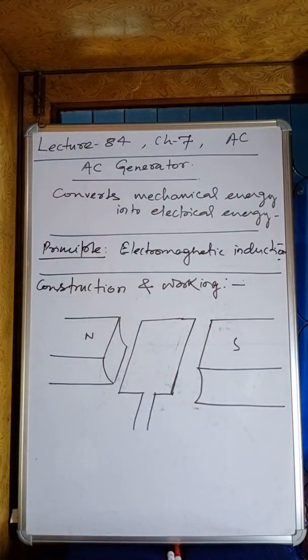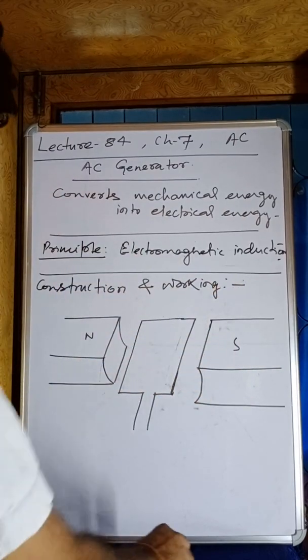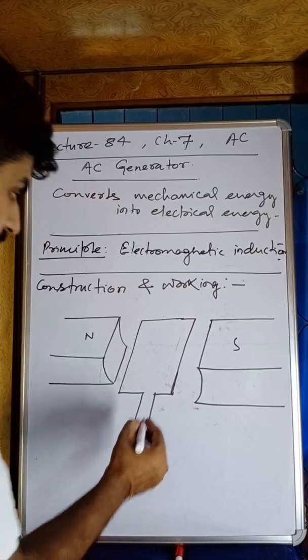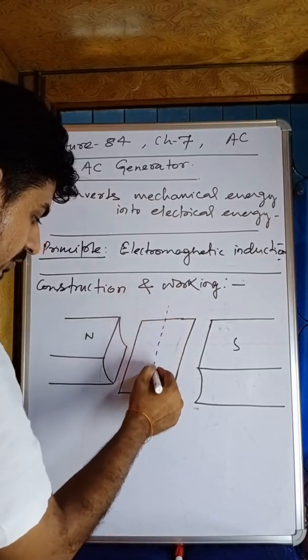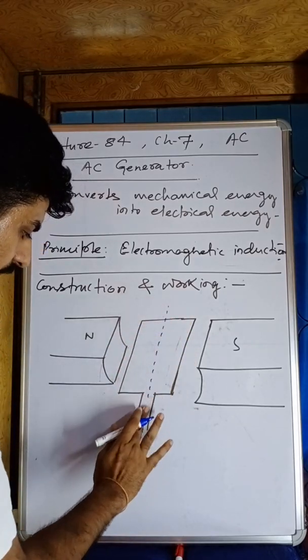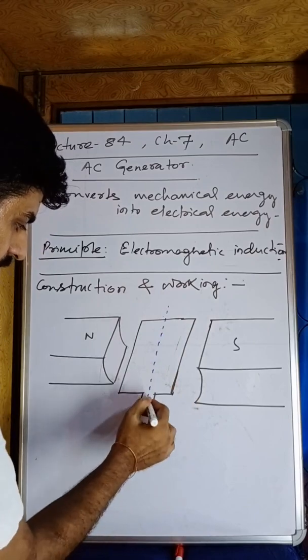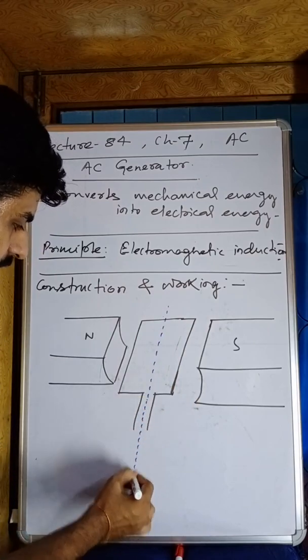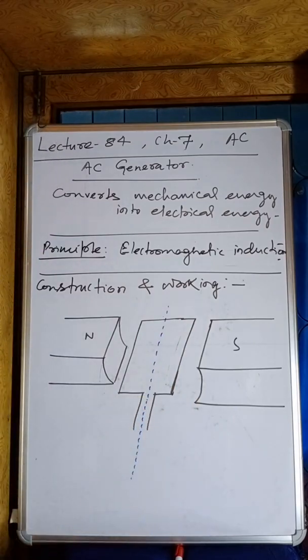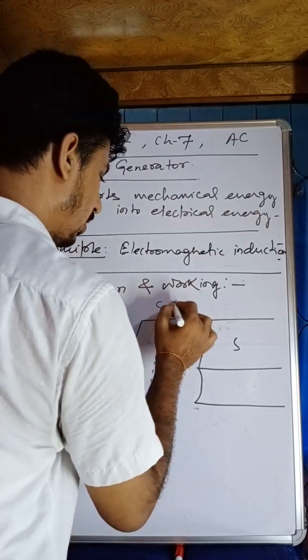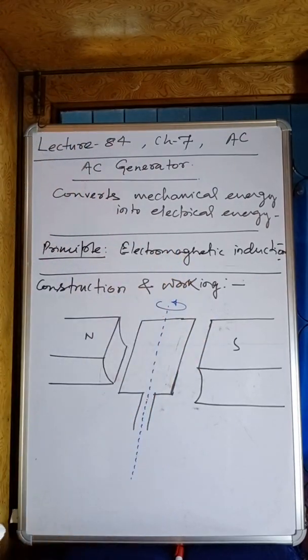What will happen? This pole will provide the magnetic field from north to south, in which this coil is kept. This will be the axis of rotation. About this axis, it rotates.